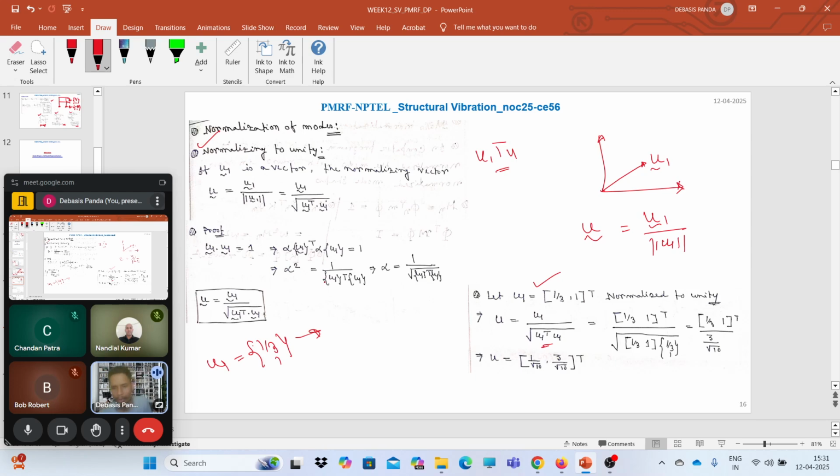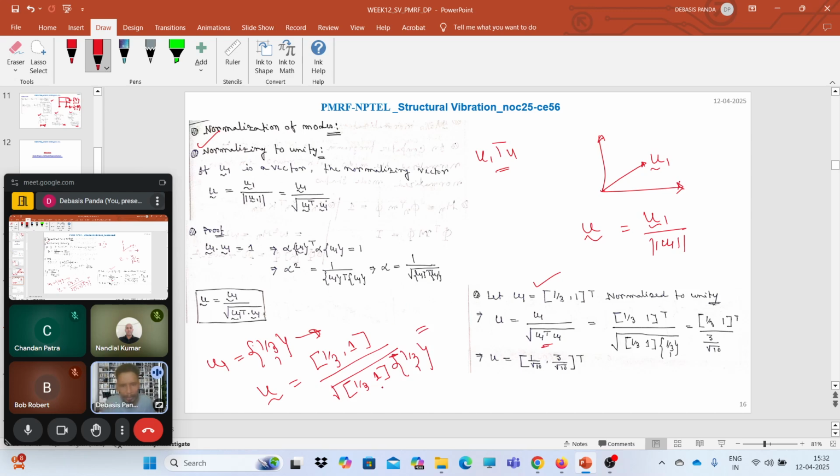You just need to know this vector u1, and in transpose form we write 1, 3 and 1. Just recall the structure of this formulation, right? Now you just need to do the calculation.